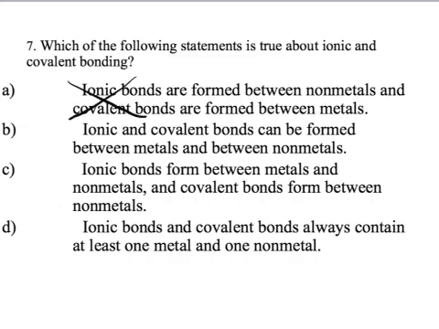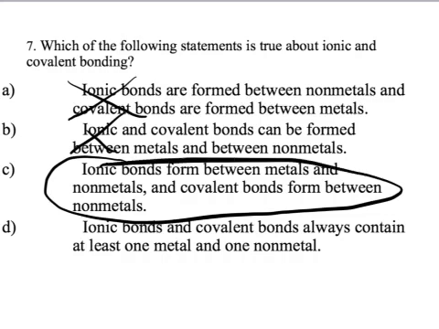C says ionic and covalent bonds can be formed between metals and between nonmetals. That's not right. Covalents are just nonmetals bonded to nonmetals, and ionics are nonmetals bonded to a metal. So B, ionic bonds form between metals and nonmetals. That's good. That's 100%. And covalent bonds form between nonmetals. That's right. Let's double check. D says ionic bonds and covalent bonds always contain at least one metal and one nonmetal. That's not true.